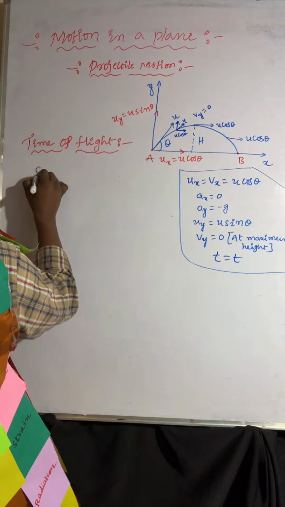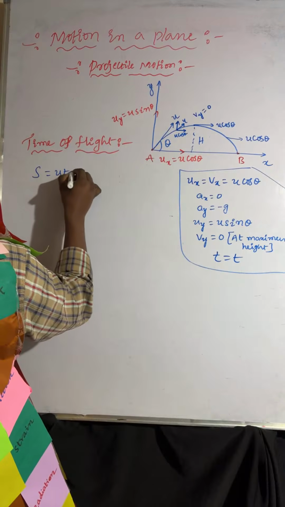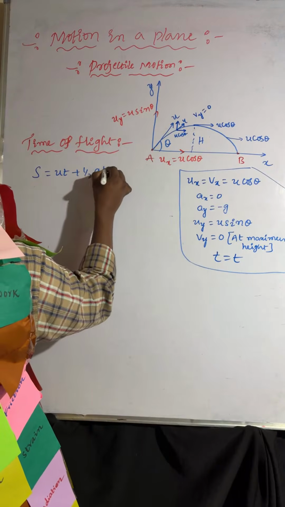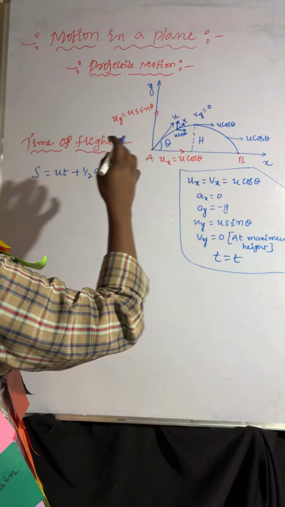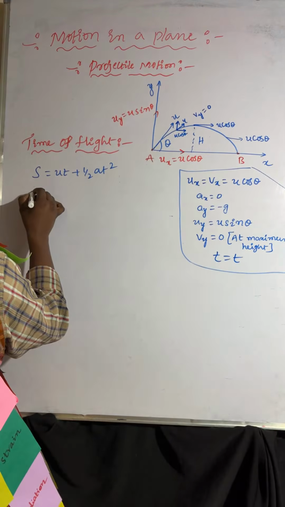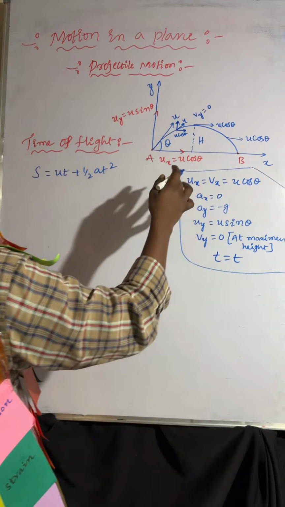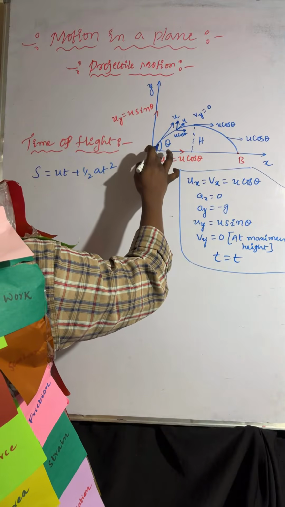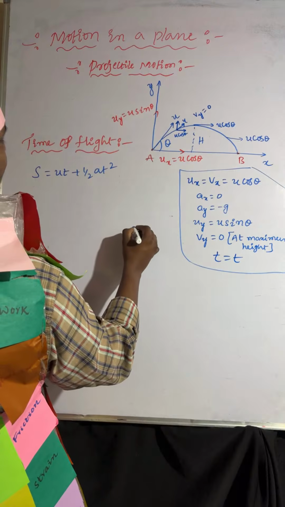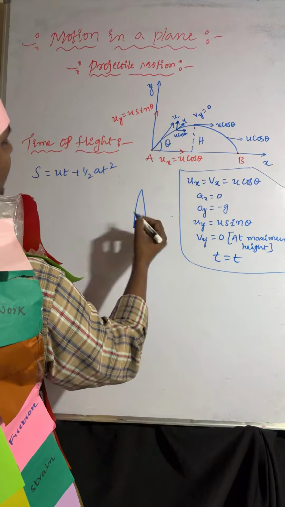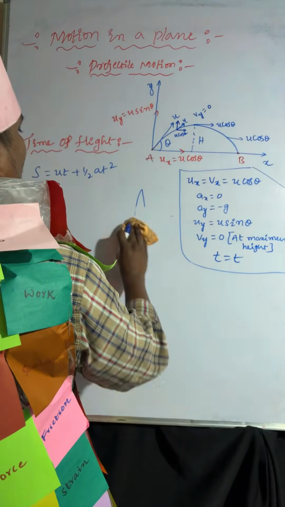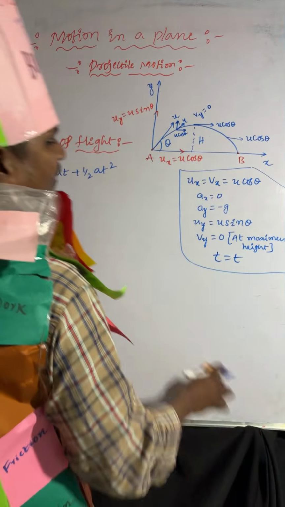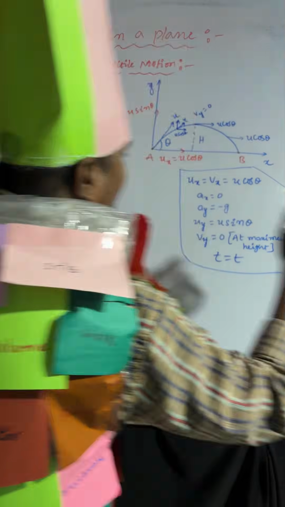So S equals ut plus half at square. The particle moves upward, and then again it reaches the ground. So the displacement is zero along the y direction. Along the x direction there will be displacement, but along the y direction it is zero.